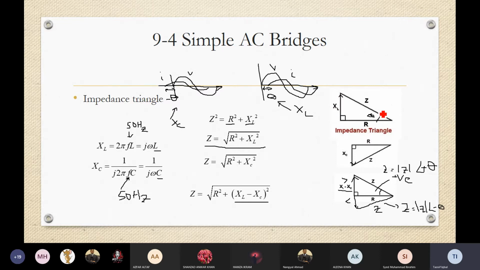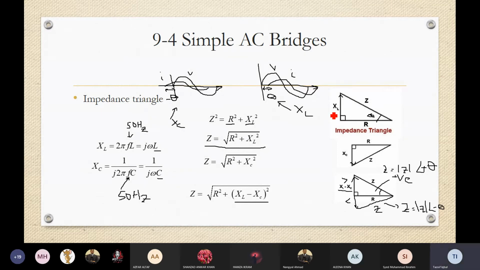So Z multiplied by cos theta is the base or x-axis, or the resistance of the impedance triangle, and Z multiplied by sine theta is going to be the reactance and y-axis of the impedance triangle.